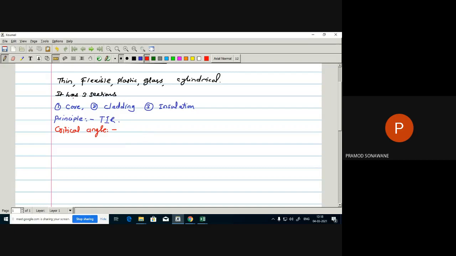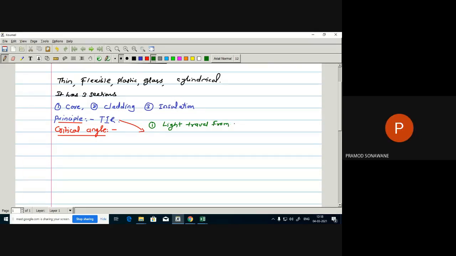Now what are the conditions needed for TIR? Which conditions must be satisfied for TIR to happen? Incident ray should be at an angle greater than the critical angle. Light should travel from denser to rarer medium.